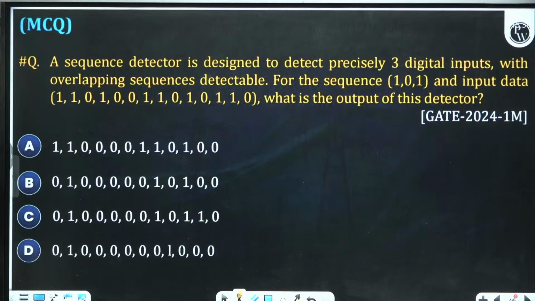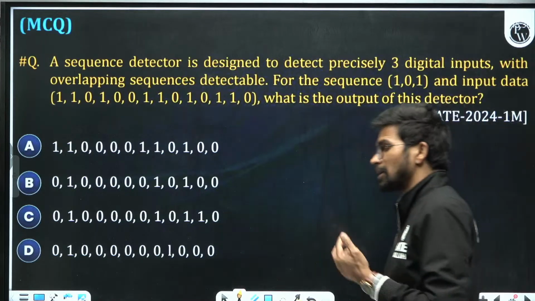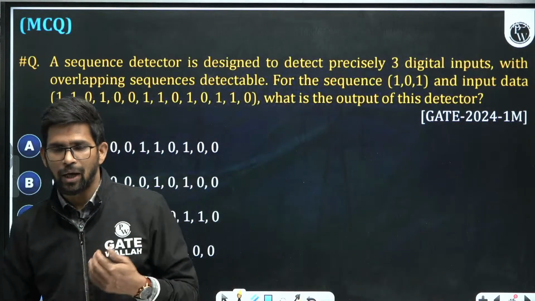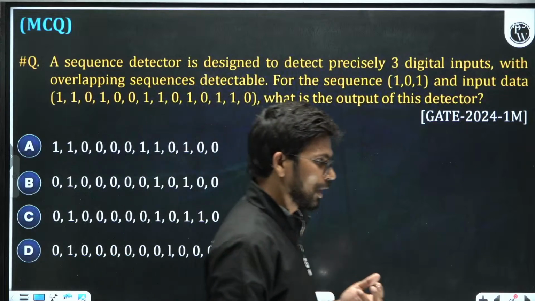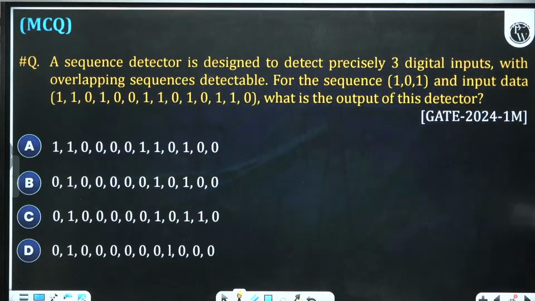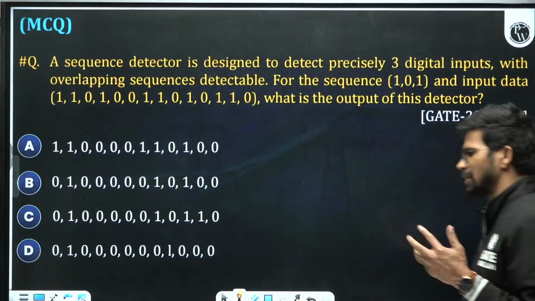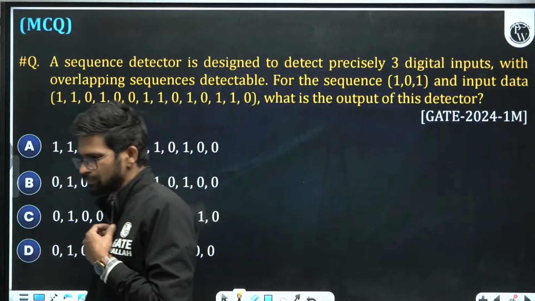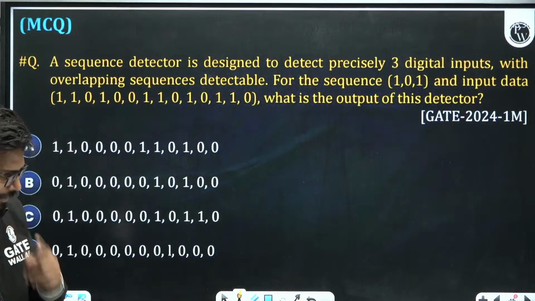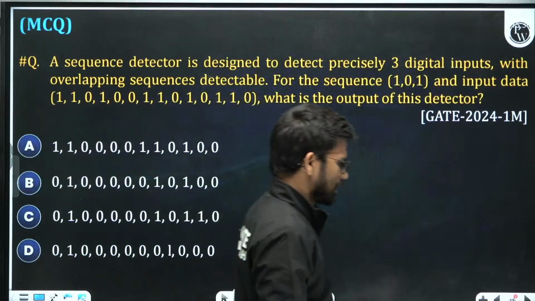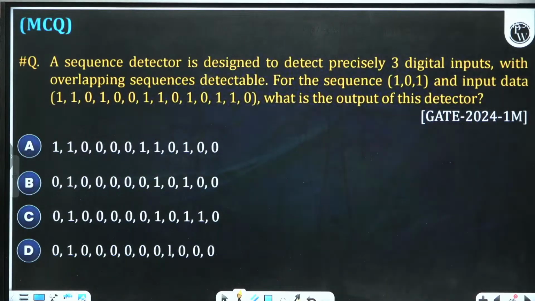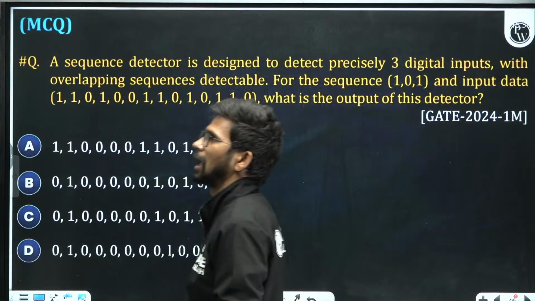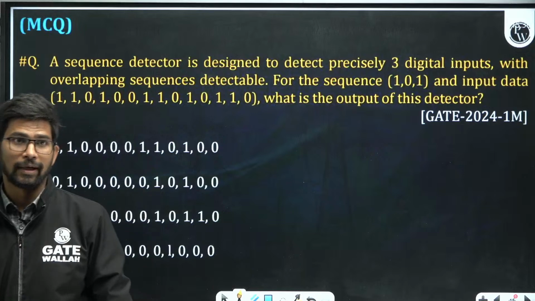Firstly, I'll take the questions related to number system, because I want to cover the number system that was left in yesterday's revision class. So we'll cover that first, and then we'll move further. And if I feel any other concept is important, I'll cover that also in that session. Okay.